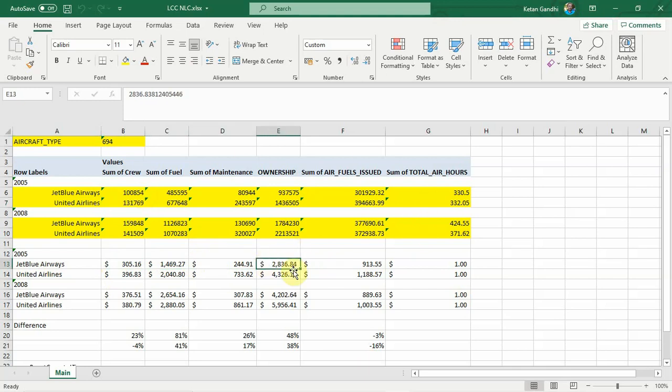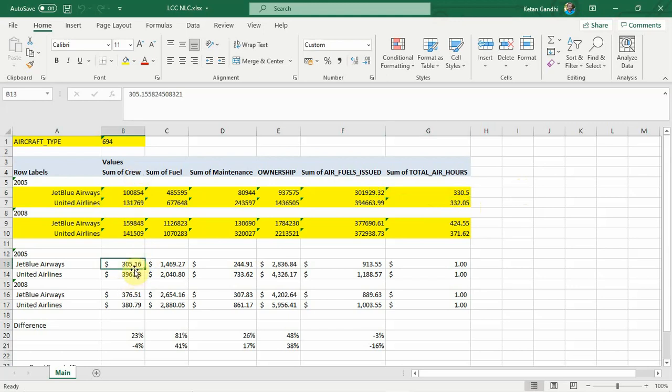What is internally done is, here we've seen the number of hours flown by this particular aircraft 694 for JetBlue Airways. 330 hours were flown in that particular year of 2005. So what is the per hour cost for this particular crew cost?